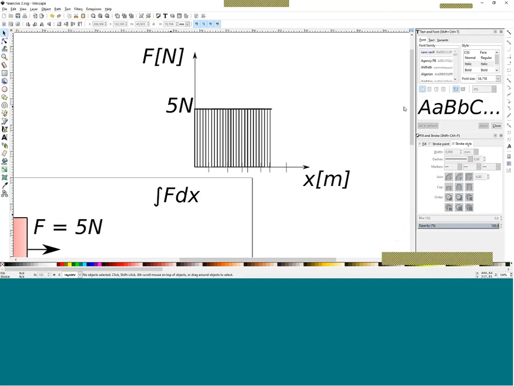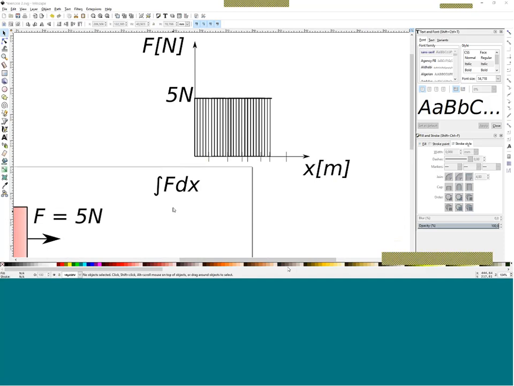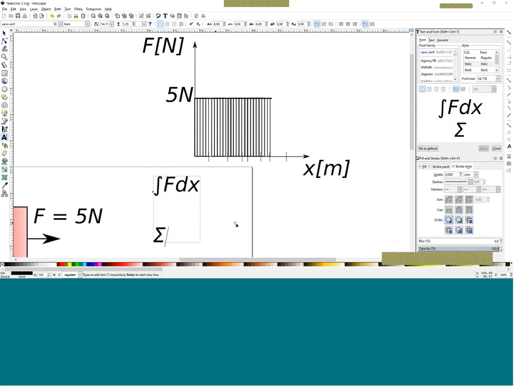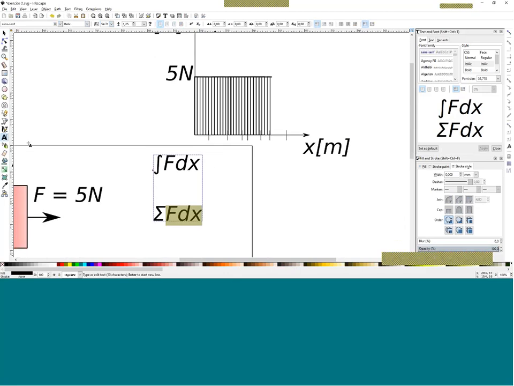It is similar to, but not exactly, writing this, which is the sum of the force times the smallest dx, which is essentially what we're doing. We're adding these little rectangles up to the point of interest, between 0 and wherever this distance may be.